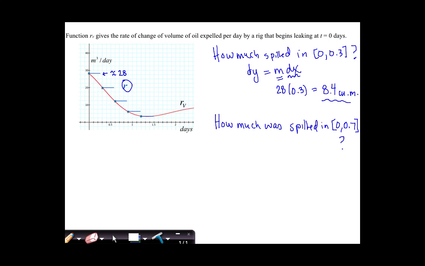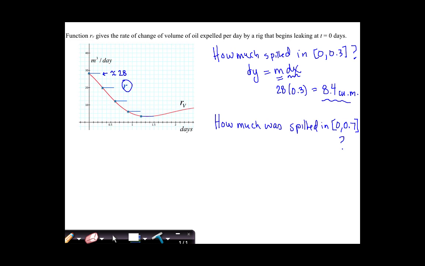If I want to use that and go up through time 0.7, how many different rates does our estimate rate function, function blue R, have during the interval time 0 through 0.7? You got 3 different values, right?